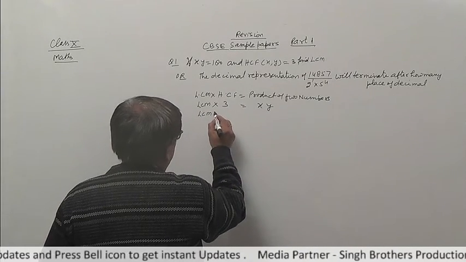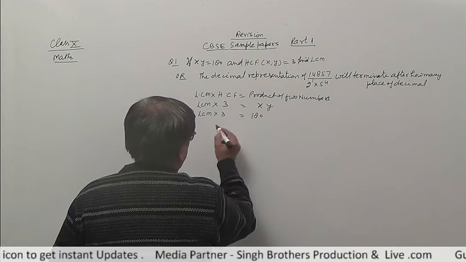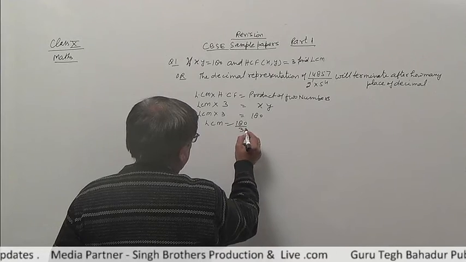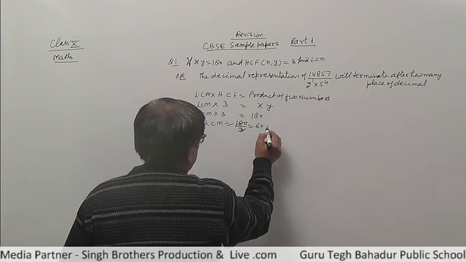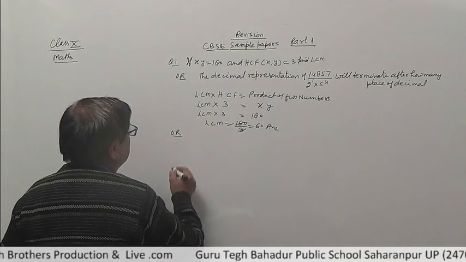LCM into 3, xy is 180, so LCM is 180 upon 3, that is equal to 60.